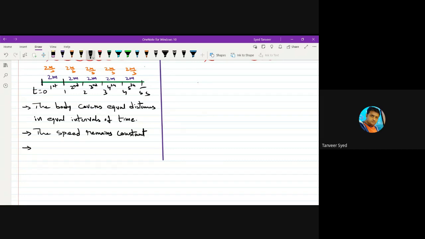Then, if I want to study the motion of such a body, which is in uniform motion or which is moving with constant speed, what formula do I have? We have only one formula, which is speed equal to distance by time.